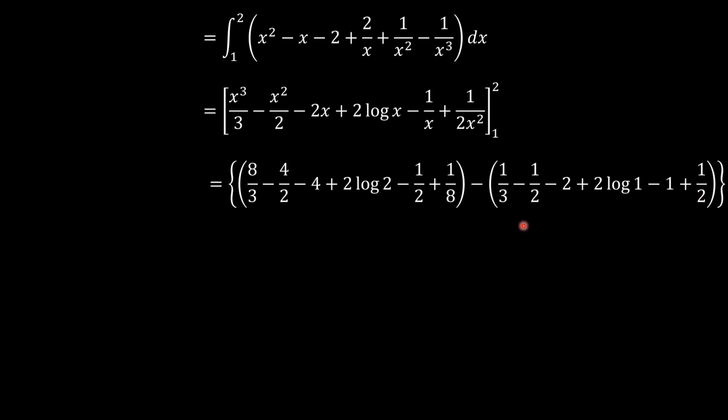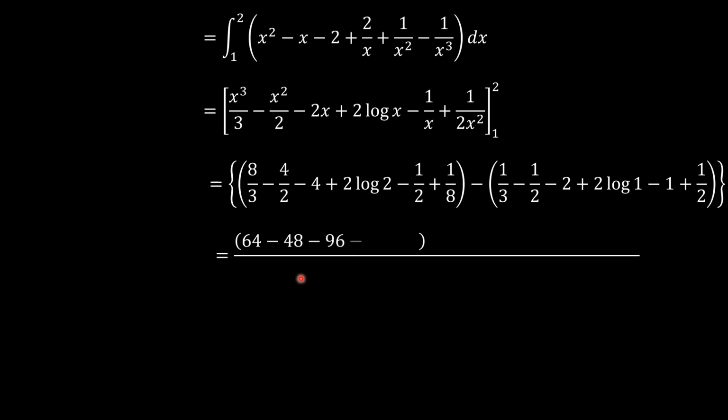Now looking here, the common denominator would have to be 24. So if you do that, we have 24 divided by 3 times 8 is 64, 24 divided by 2 times 4 is minus 48, 24 times 4 is minus 96, and then here we have minus a half, 24 divided by 2 is 12 times 1 is minus 12, plus 3, minus 8.